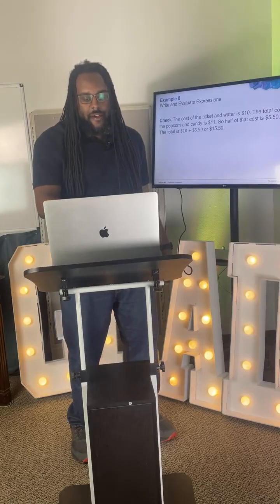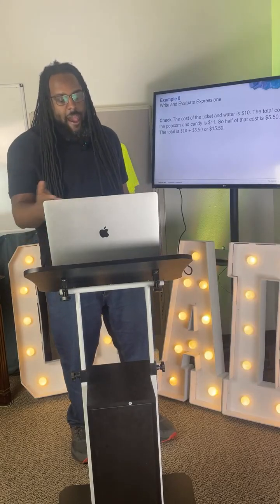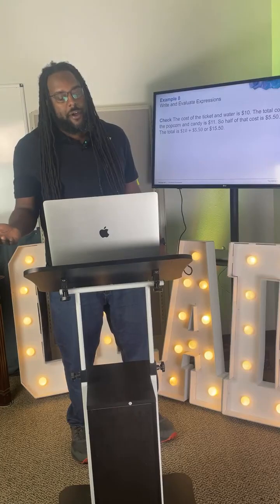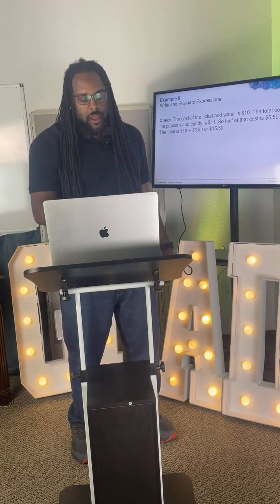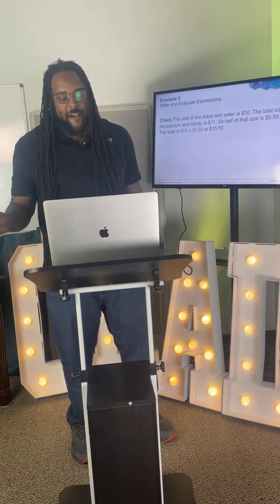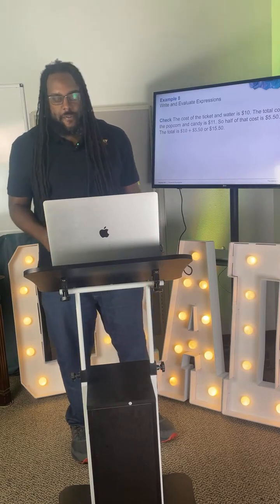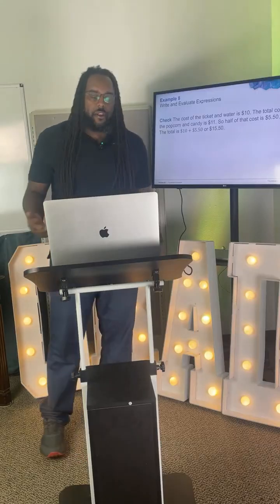So that equaled the $11. Half of that cost, because we're splitting it with a friend, is $5.50. So the total is $10 plus that $5.50, which is $15.50. That's how much you needed to bring to the movie theaters.